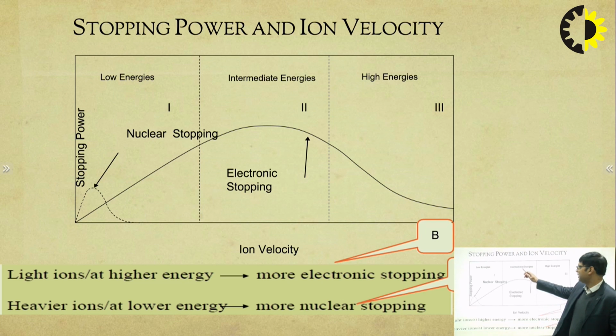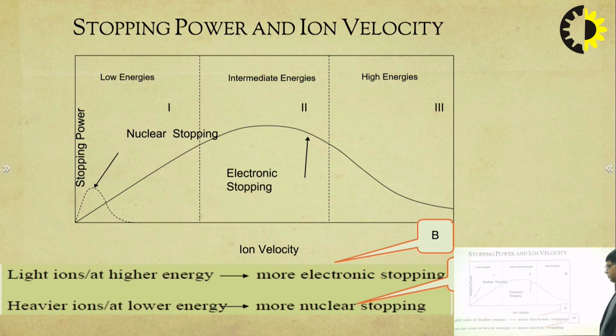If the energy is intermediate or high, then the electronic stopping mechanism plays a significant role. Means out of the total energy, how much energy is lost by the nuclear stopping mechanism and how much energy is lost by the electronic stopping mechanism, that is shown here. In case of low energies, it is more of nuclear stopping, and in case of intermediate and higher energy it is more of electronic stopping.